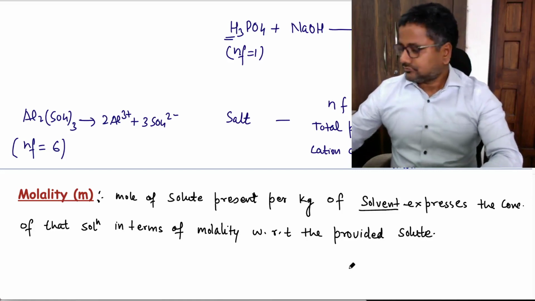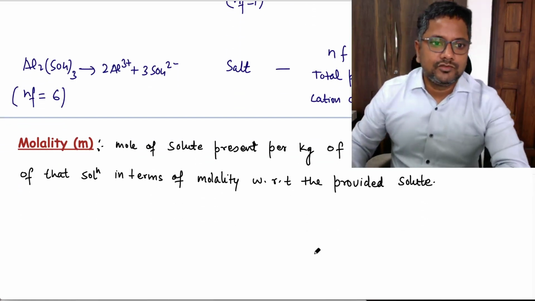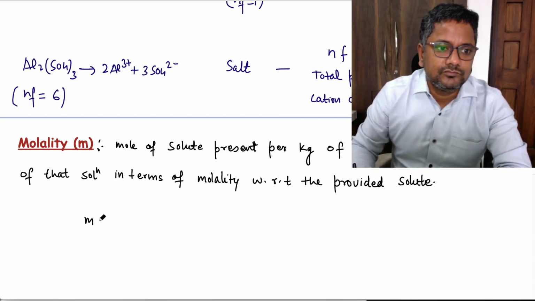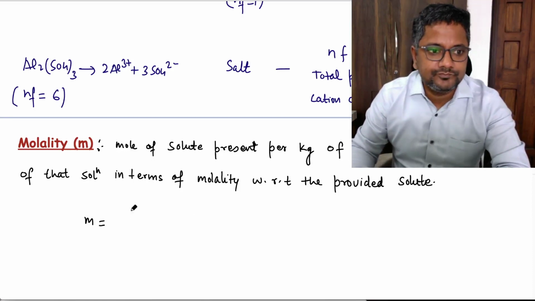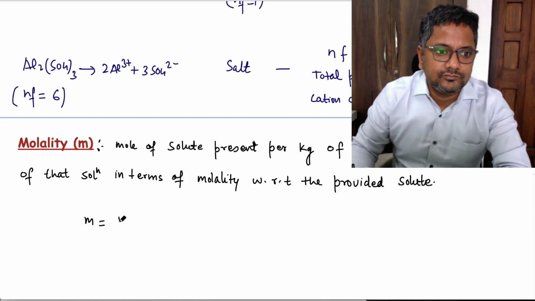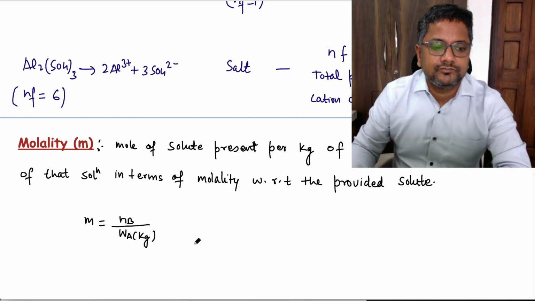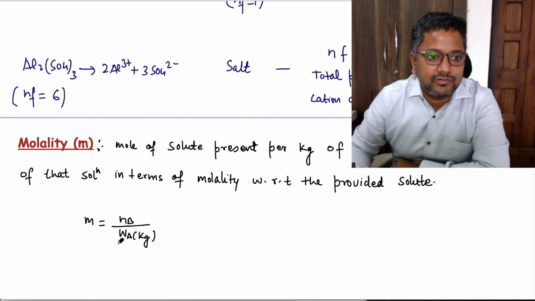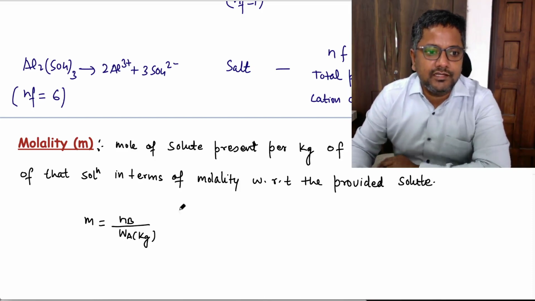So molality is equal to moles of solute, nB, divided by the mass of solvent in kilogram. WA is for solvent, B for solute. So WA is the mass of solvent in kilogram.